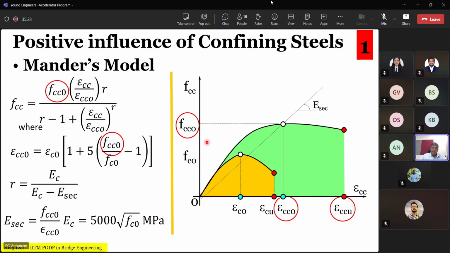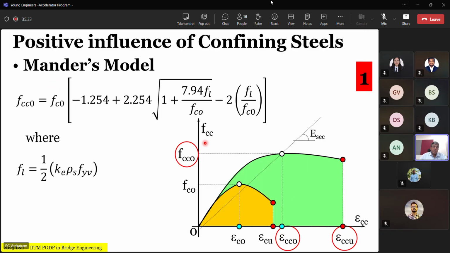All this eventually reduces to a simplified form wherein the confined FCCO is linked to one single parameter called effective confinement, FL. This is the confinement effectiveness.